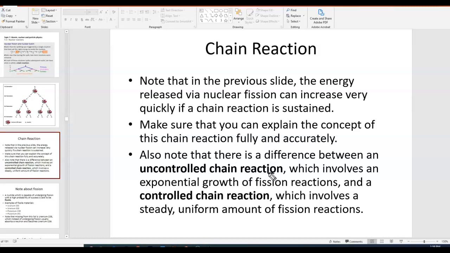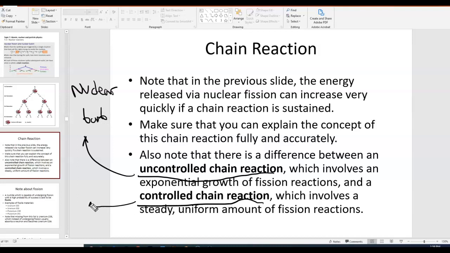An uncontrolled chain reaction, you typically see with a nuclear bomb. A controlled chain reaction, you have in a power plant. Power plants don't have uncontrolled chain reactions, at least, hopefully they don't, otherwise that might be bad.